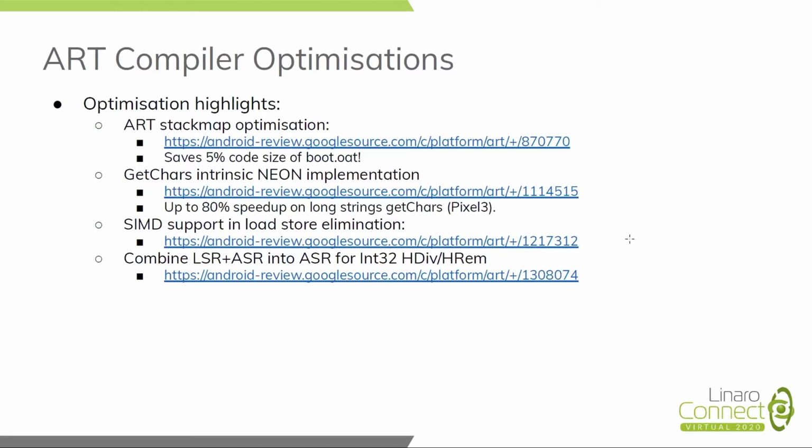And we've tested this optimization on Pixel 3, and we found that this can give up to 80% speedup on long string operations. We introduced SIMD support in the load store elimination optimization in ART, and we optimized ART's HDiv and HRem codegen with LSR and ASR instructions.